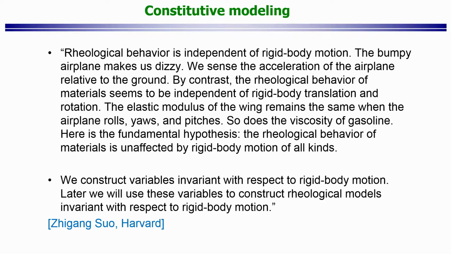If I have a spring and you place it on a rotating disc, when you did the experiment previously, you must have determined a spring constant for that spring. But when you put it on a rotating disc, the spring constant should not change. It should be the same value. Just because it is now in a rotating frame compared to the lab frame you used earlier, it cannot imply that the material behavior has changed totally.